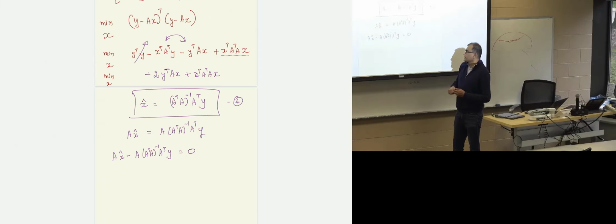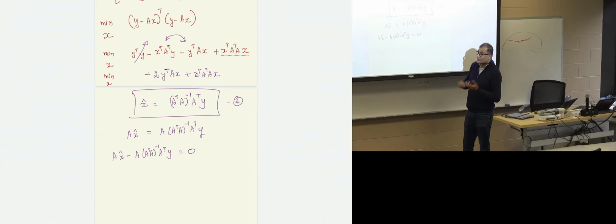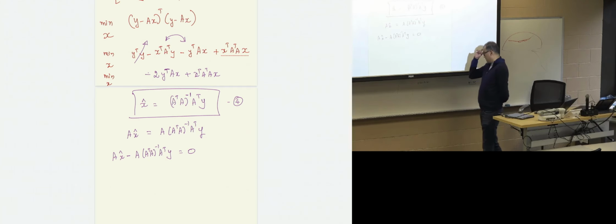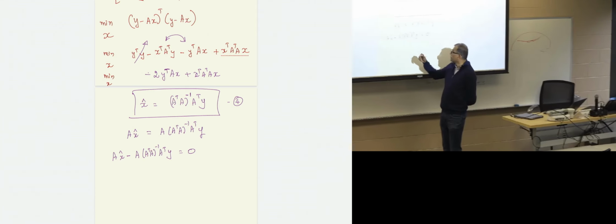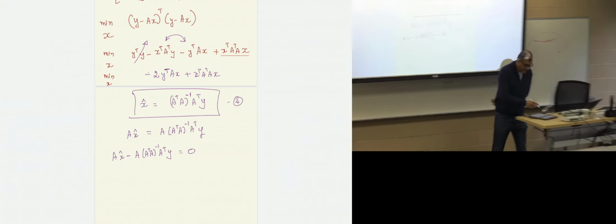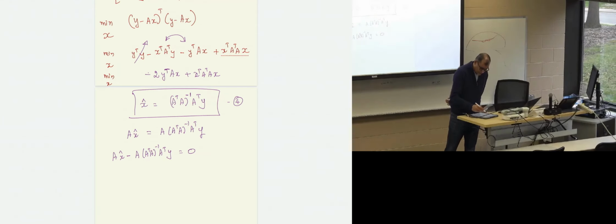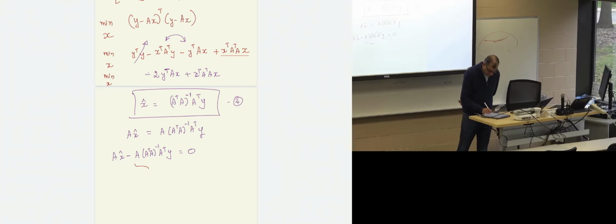In a sense, this is an error, but in what sense? I would use a better word than error. I would call it a residual. Okay. In what sense is it a residual? So this matrix you would have seen before, right? So what is this matrix?